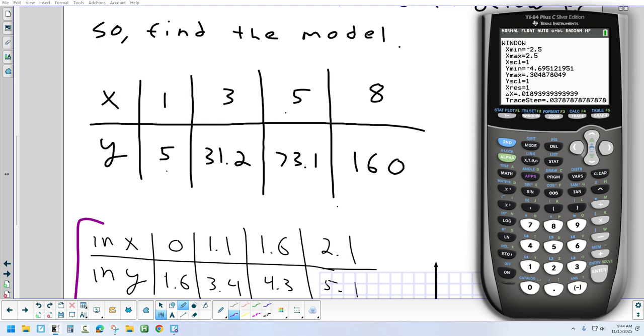Okay, to graph it, I need to make sure I can see all my points on the screen. What would be a good value for my x min for all the points in my original table? And I'd like to not have any point right on the edge of the screen. Yeah, I think 0 is good. What would be a good value for the x max? 10. Yeah, 0 to 10 is fine. How about a good value for my y min?